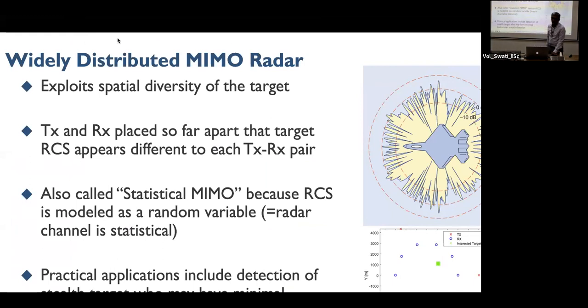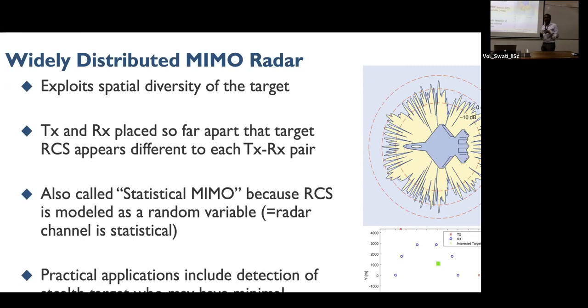Okay. So we will quickly move to widely distributed radar. And the idea here is that the transmitter and the receiver antennas are not co-located, so they don't have the same oscillators, etc. But more importantly, for each transmit receive pair, it sort of sees a different target.